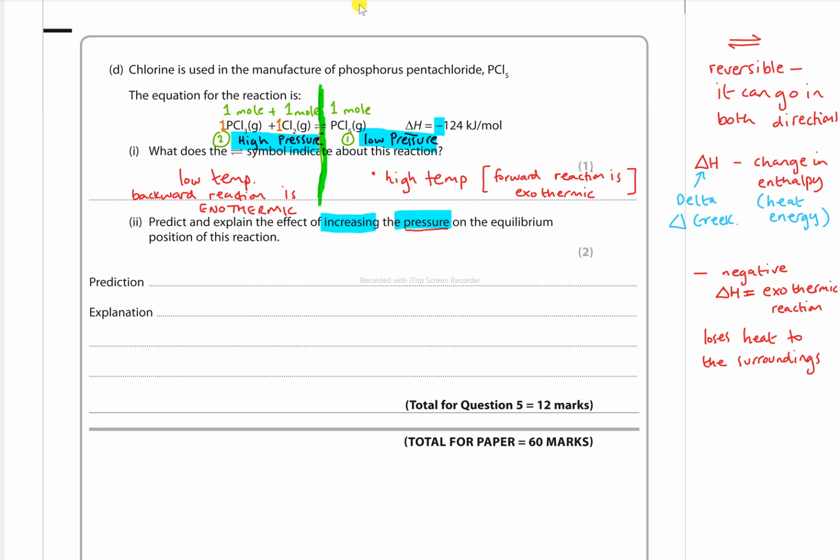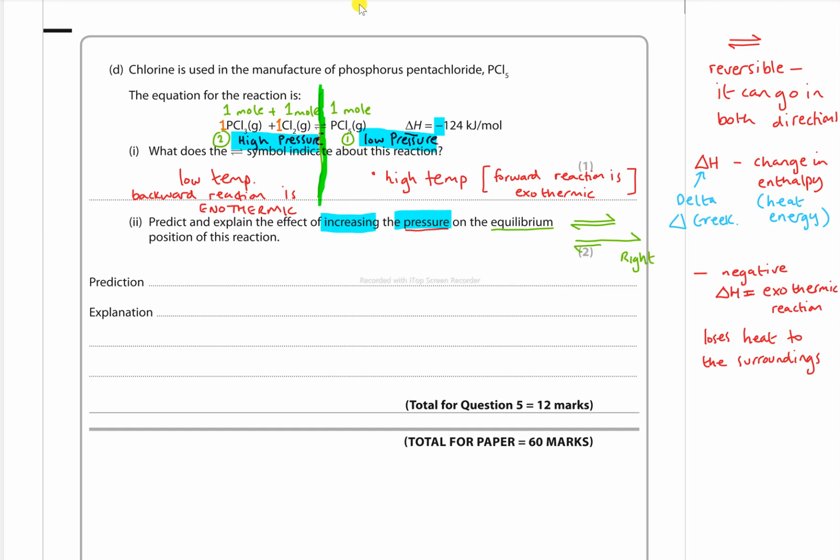Right? So what they're saying, what's going to happen, the equilibrium, look at it as this arrow. It's going to go to the low side. So I can say the equilibrium is going to shift to the right. It's going to go to the right hand side.